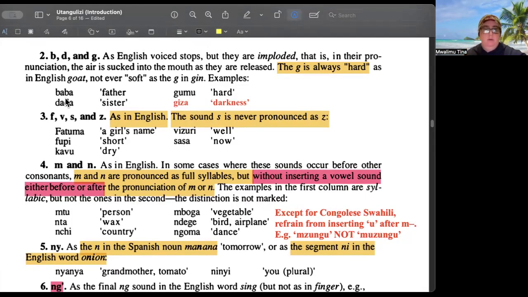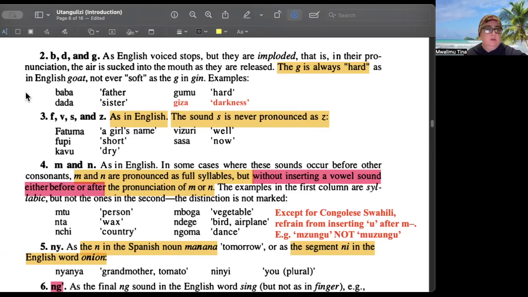Imploded. And take note that the G in Kiswahili is always a hard G. For example, the English goat. It is never a soft G, as in gin, never.